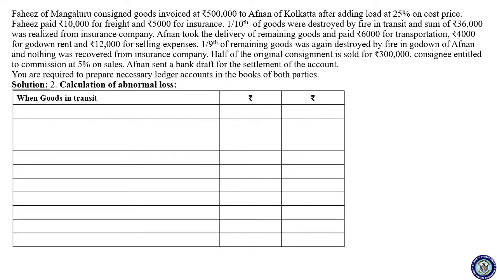Now first we'll take when the goods are lost in transit. When goods are lost in transit, there are two types of abnormal loss. So first we'll solve the first abnormal loss, that is when goods are in transit.